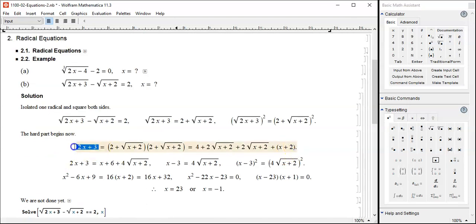This one goes away, but this one, well, this is not going to be a simple problem. FOIL it out and you get, well, the right-hand side. Please check your computation. And then simplify the right-hand side like this, taking the like terms together.